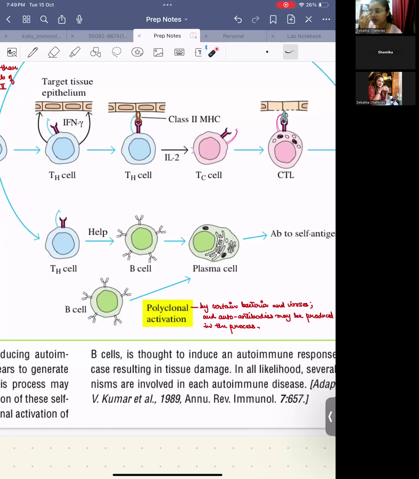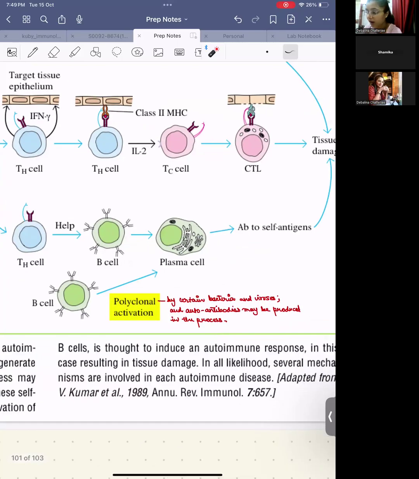So polyclonal means the same cell is now producing different types of antibodies. So these are all malfunctions, right? Now because of certain other malfunctions, which could be because of some bacteria or viruses, I can have polyclonal activation. And in polyclonal activation, the chances of production of autoantibody is very high.